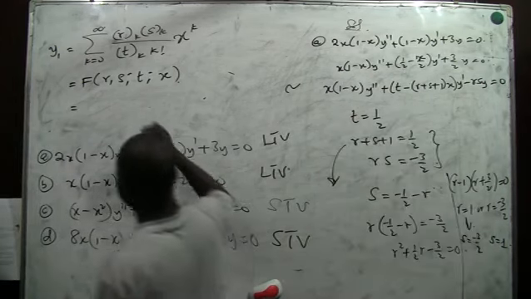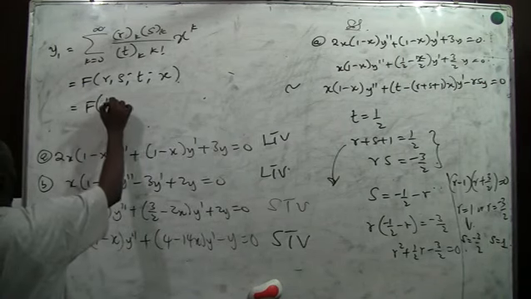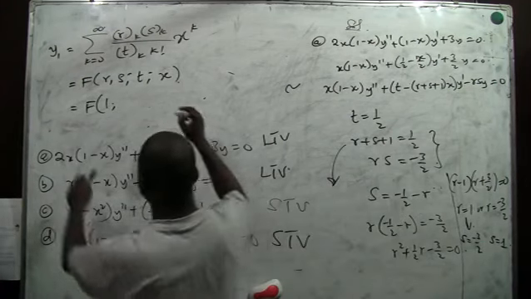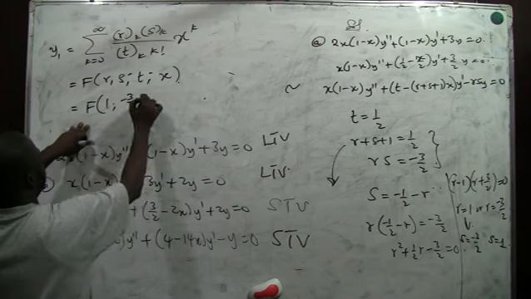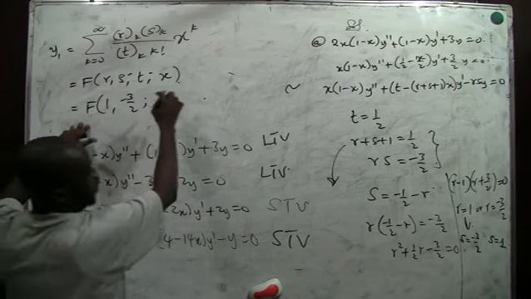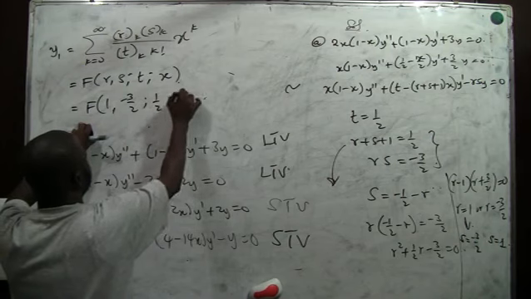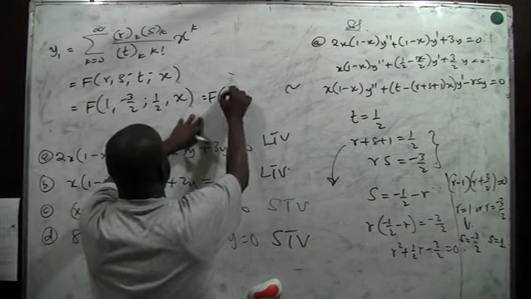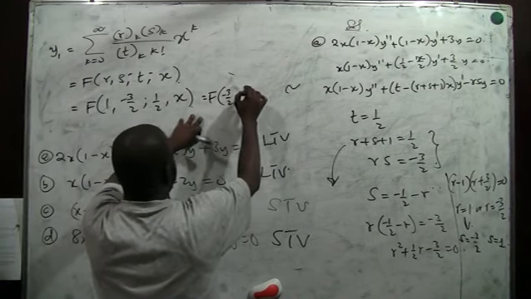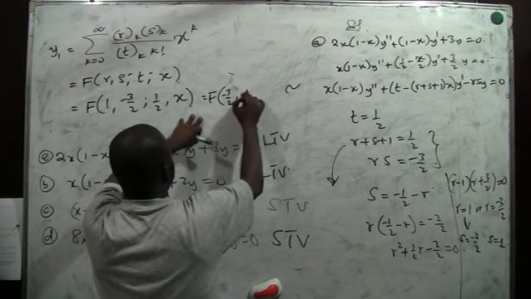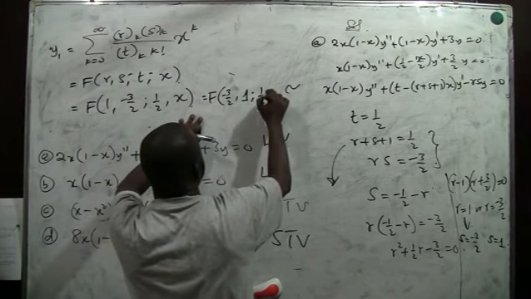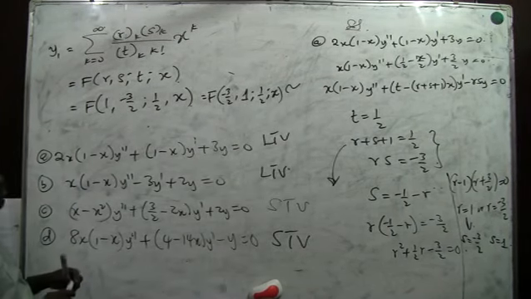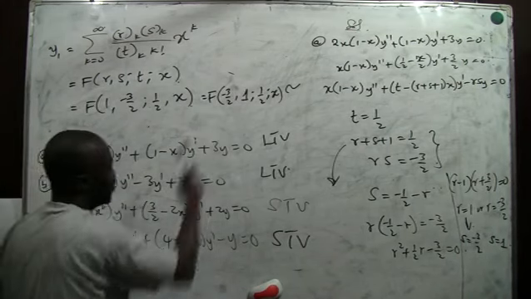Let's take 1, F1, then our S corresponding to that, minus 3 over 2; our T, half; then X. We can as well write it as minus 3 over 2 comma 1; half; X. In our next class, we are going to establish that these two results are the same.